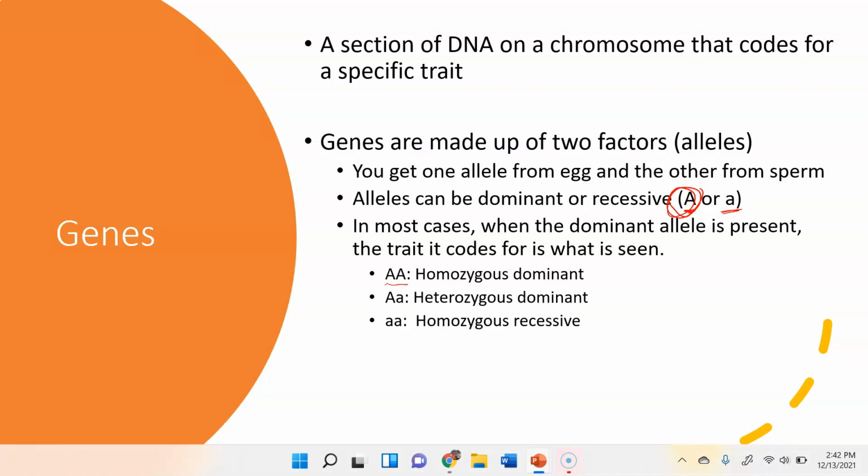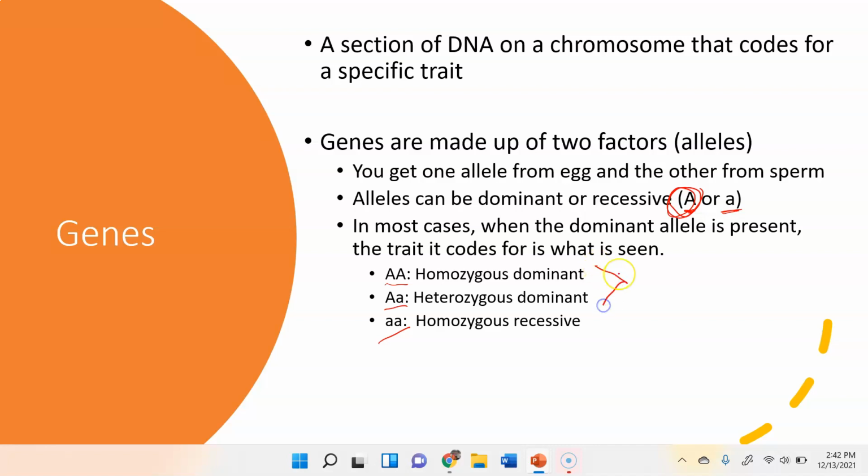We could have a big A, little a, say big A from mom and little a from dad. This is called a heterozygous dominant trait, or just heterozygous, meaning one of each. And then we could have a homozygous recessive trait, which is little a, little a. Homozygous again means the same, and recessive means there are two little alleles.